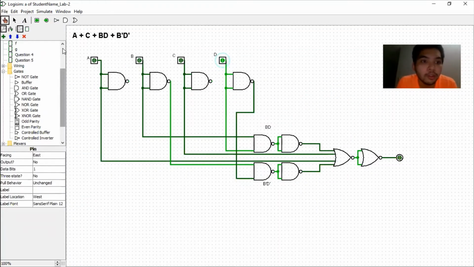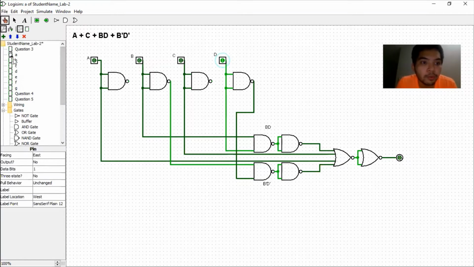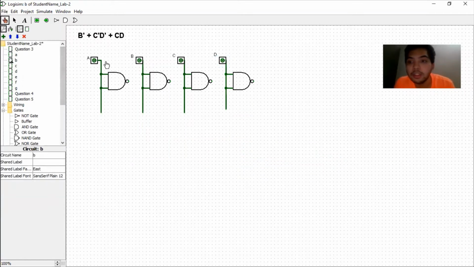So moving on, for the next output B, reconstruct again.